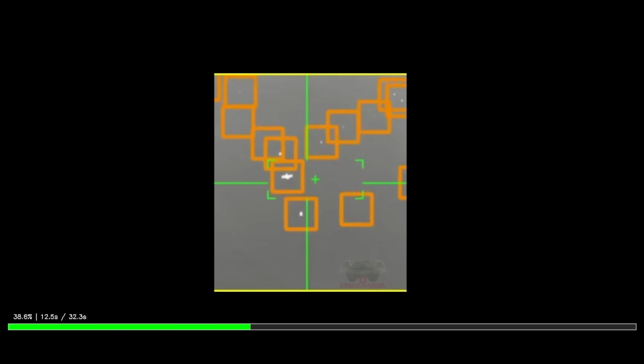I suspect that this actually is not a tracking algorithm. I am somewhat more convinced that this is just an object detection algorithm. Again, the distinction between tracking and detection is known by those in computer vision. But for those who don't know, the difference really is, detection is where you're given a single frame and you try to figure out where the objects are.